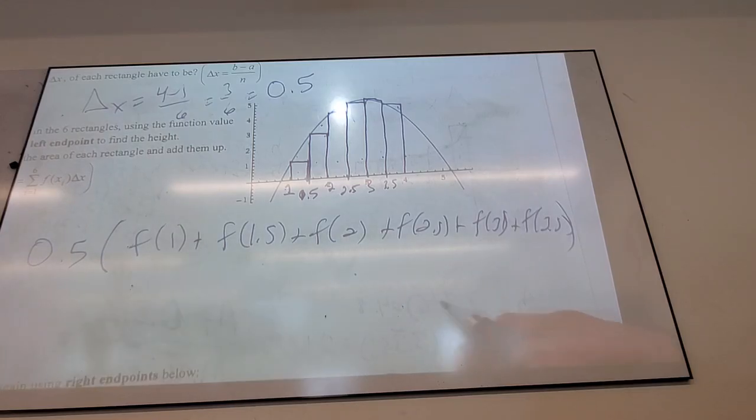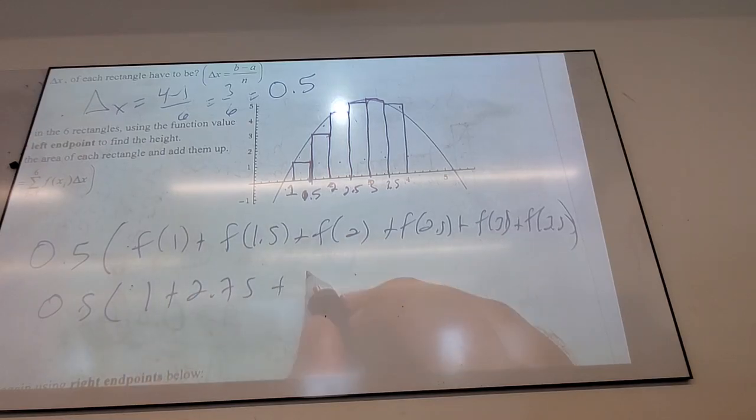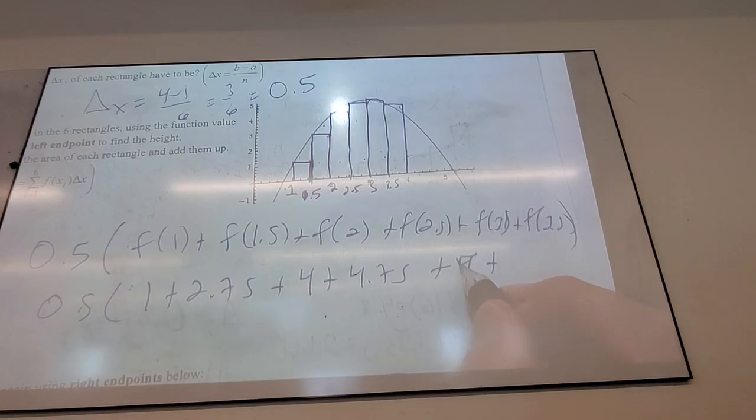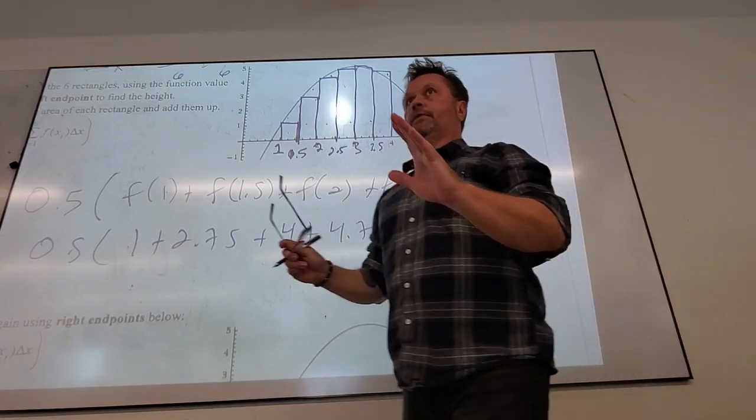Then I get some nice numbers: 0.5, 1, 2.75, 4, 4.75, 5, 4.75.